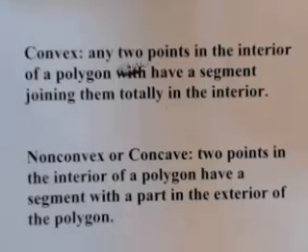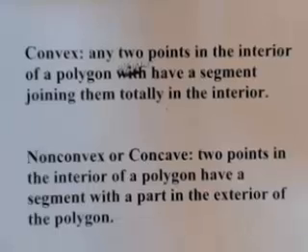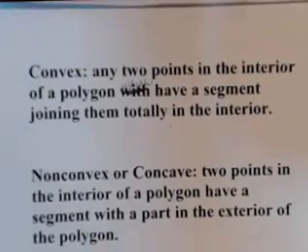We use the word convex to mean any two points in the interior of a polygon would have the segment joining them remain totally in the interior.